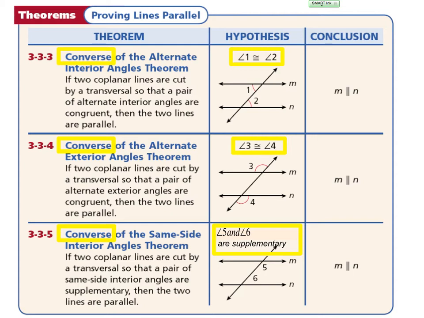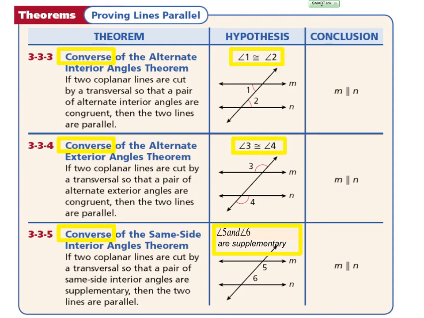The third one looks a little bit different because it deals with the same side interior angles. And what was the relationship for same side interior angles? Supplementary. So that one reads a little bit different. If two coplanar lines are cut by a transversal so that a pair of same-side interior angles are supplementary, then the two lines are parallel.